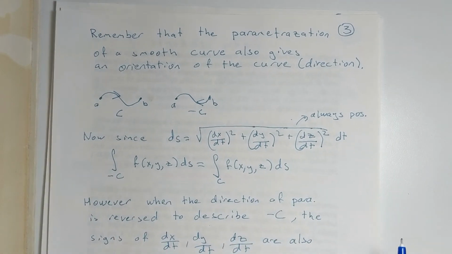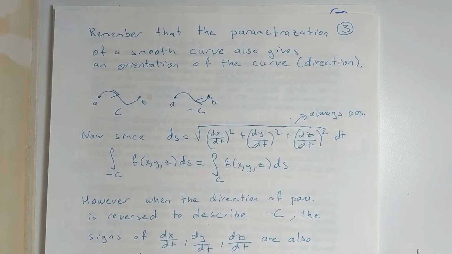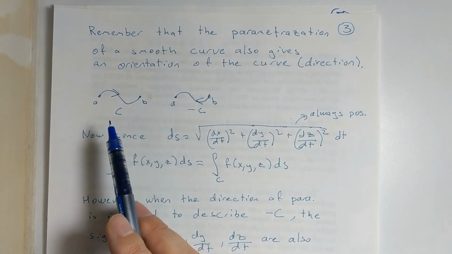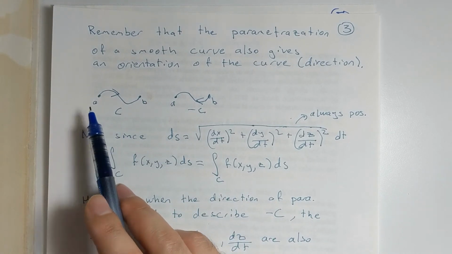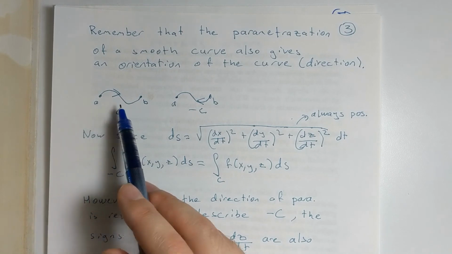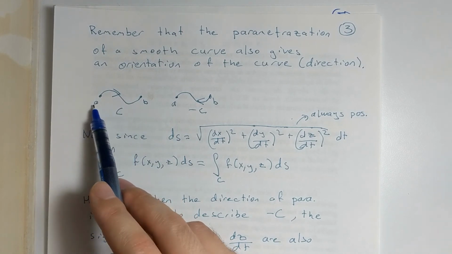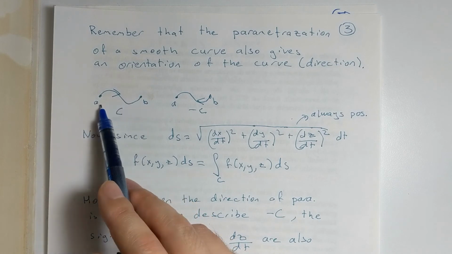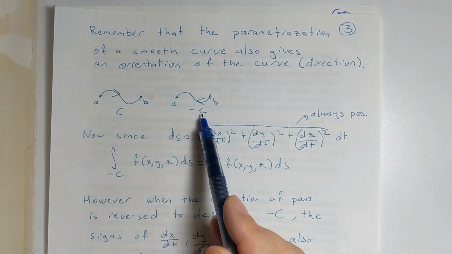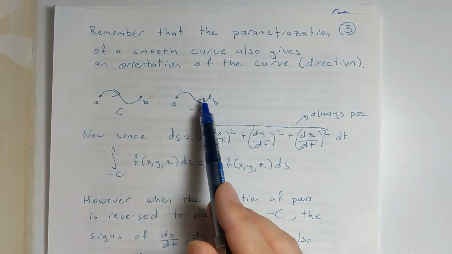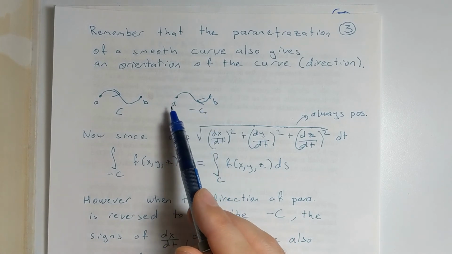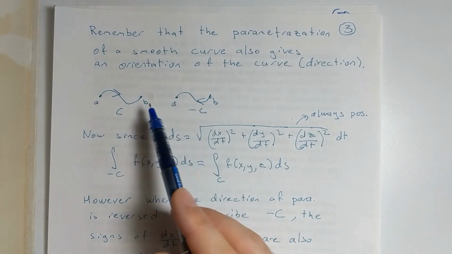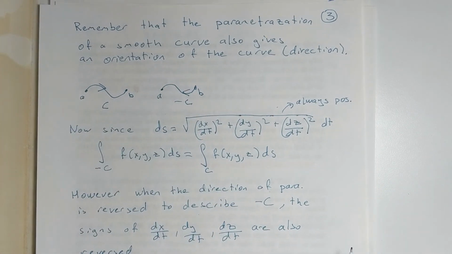Now, I just want to talk about what the effect of the direction, the orientation on the curve, is on line integrals. So when I say the curve C, positive C, it's just oriented this way from A to B. When I say minus C, it's oriented from B to A. I don't know how fast, we're just talking about the orientation.